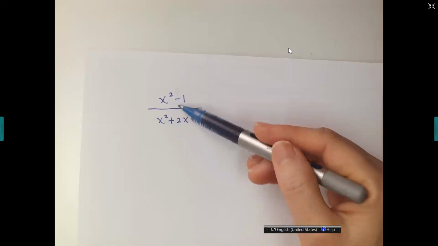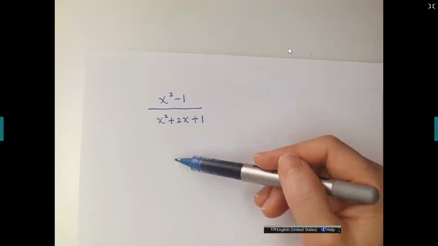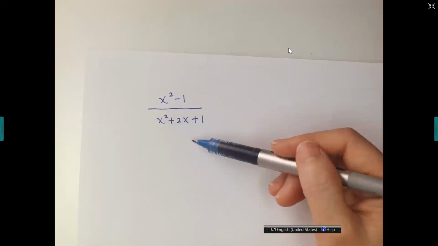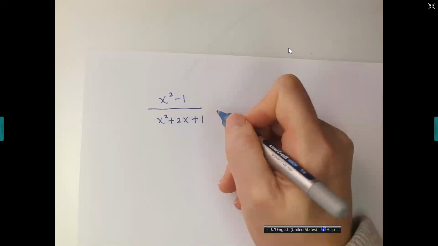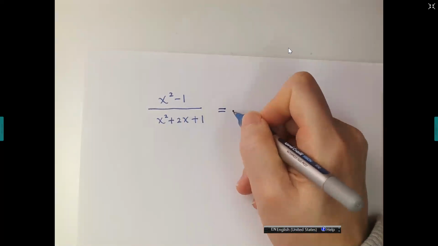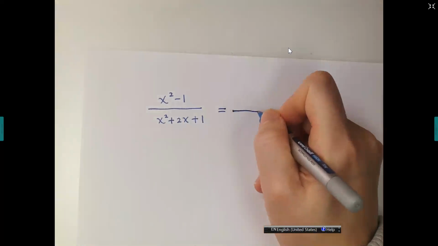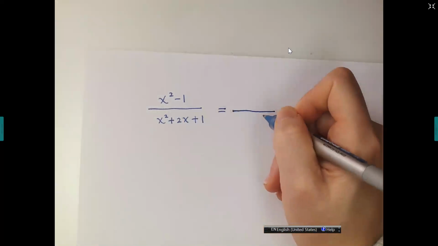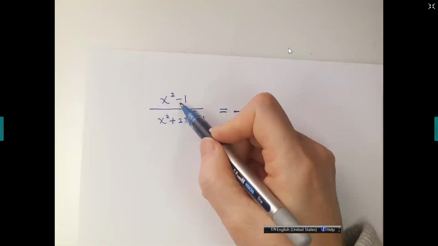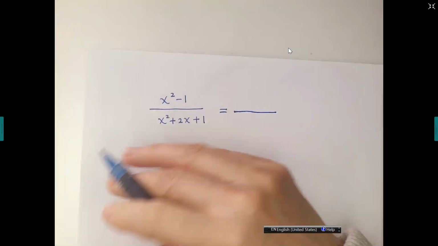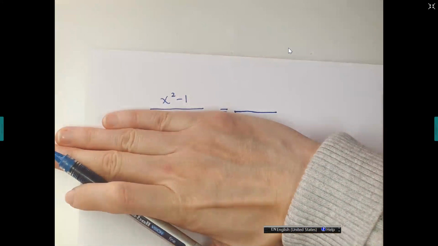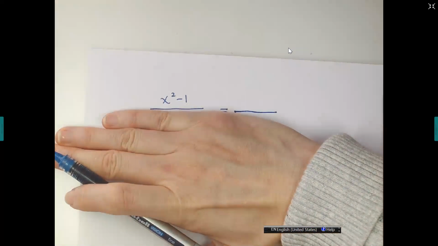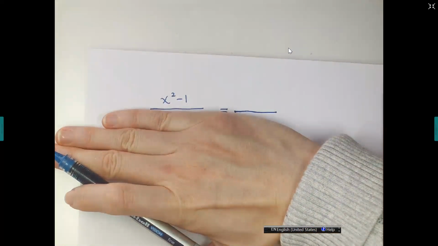To check whether or not they are able to be simplified, we are going to look at the numerator first. Forget about the denominator. Just look at the numerator, x squared minus 1. Can we factor this binomial?